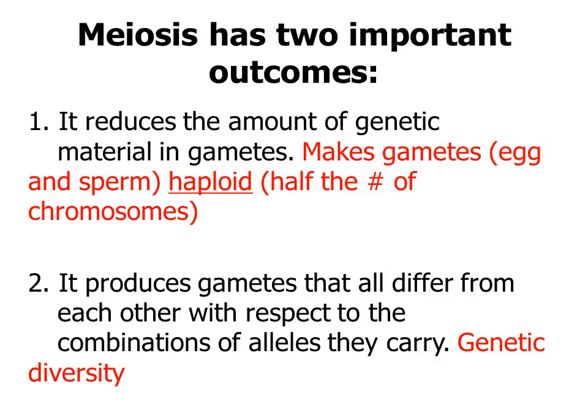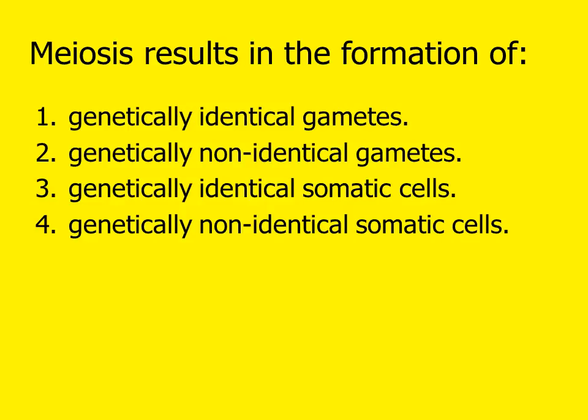Alright, so here's the 2 important outcomes in red that you should absolutely know. Alright, so meiosis results in the formation of genetically non-identical gametes. Okay, so remember, there are 2 different types of cells, somatic and the reproductive ones.